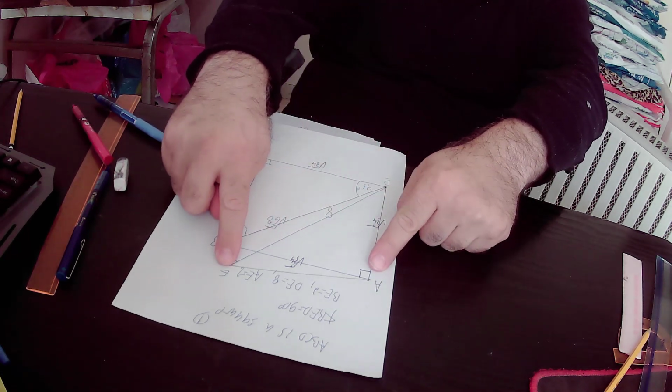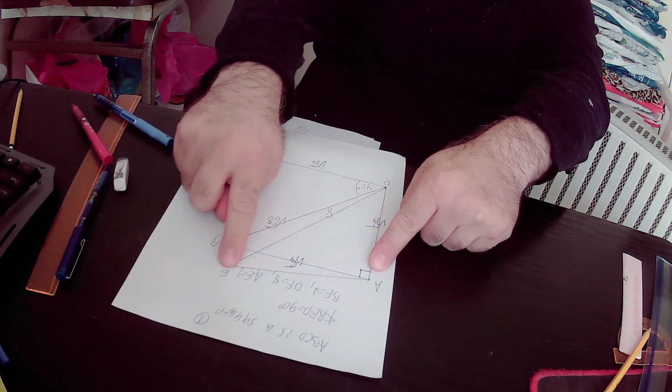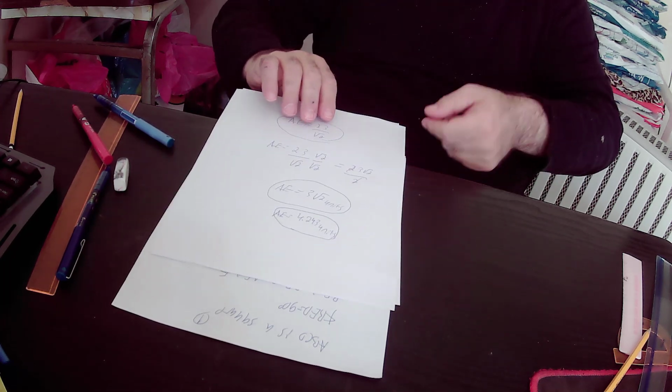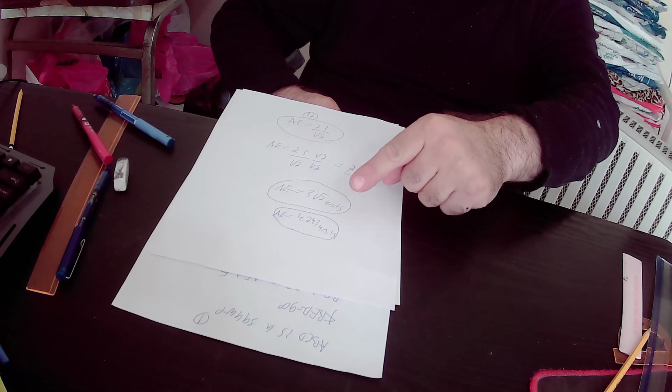Line segment AE equals 3 times root 2 units, or in terms of numbers, line segment AE equals 4.243 units.